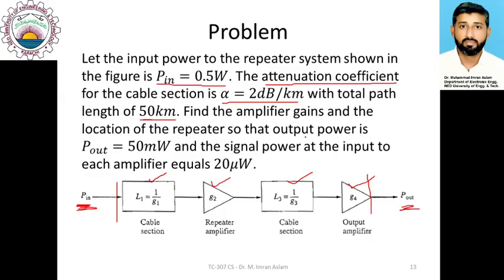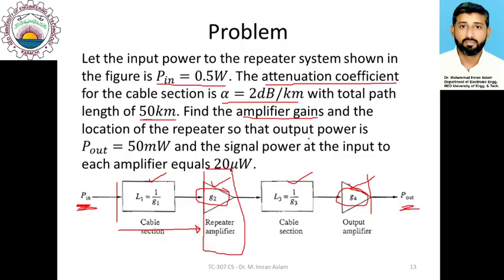So what do we need to find here? We want to find the amplifier gains. We need to find this G2 and G4, these two gains which are used in this system, and the location of the repeater. So where should we locate this repeater? Because the total length is 50 kilometers, after a certain distance it should be placed.